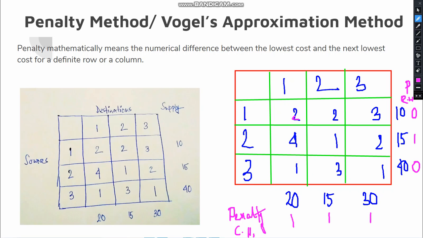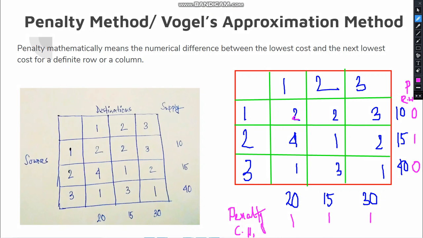Now, what is the importance of this penalty? We have to find out where the penalty is the most. Maximum penalty signifies the maximum loss, the maximum extra cost we would incur.